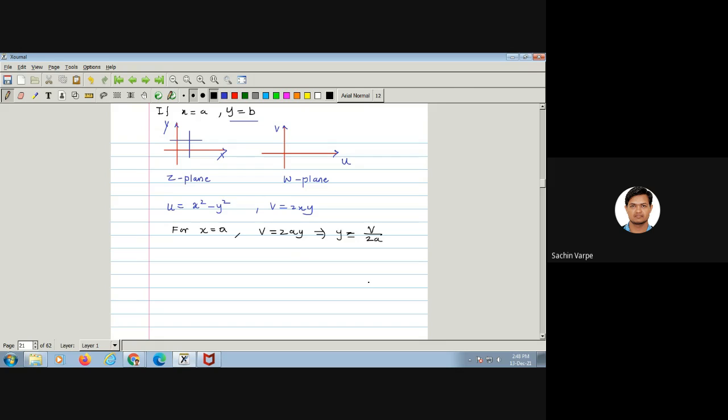Yes or no? So we can substitute this y into u. u is x square minus y square. Substituting x is equal to a, that will be a square minus y in terms of v, which is v by 2a the whole square. So from here I get a square minus v square by 4a square.